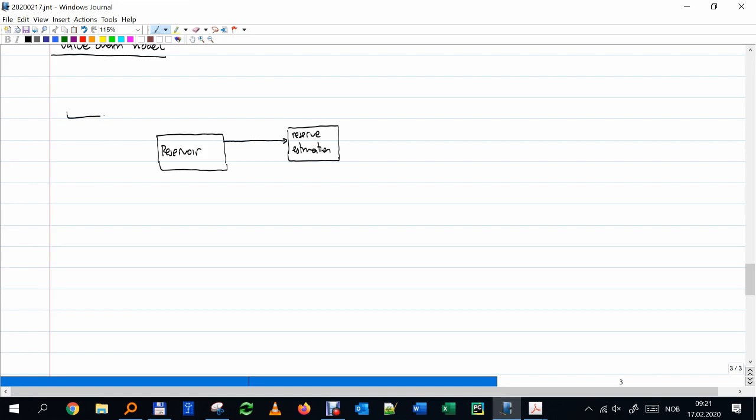Okay, I need a few things to make my reservoir model. Like reservoir structure and volume. I also need the rock properties, petrophysics, and also very important, I need the PVT.